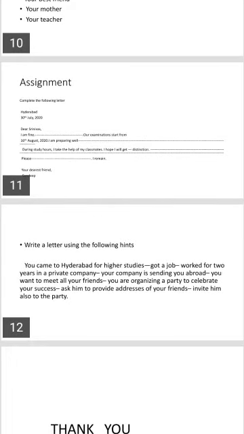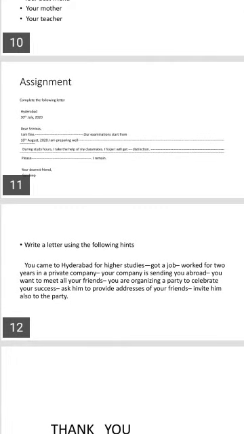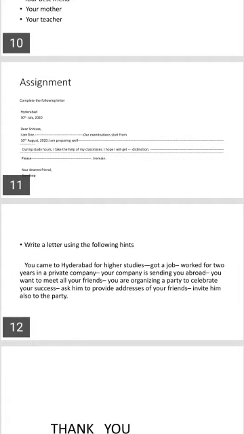See the body of the letter. I am fine here by the grace of God. Our examinations are going to start from 16th August 2020. I am preparing well for the examinations. I am working hard with my friends. During study hours, I take help from my classmates. I hope I will get a distinction.